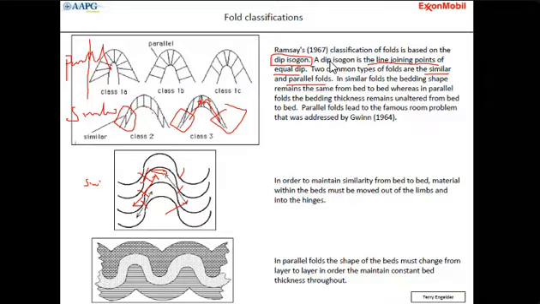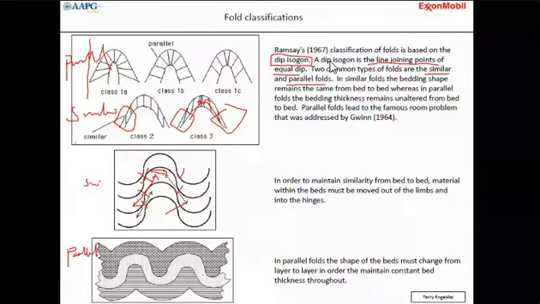Alternatively, we can talk about parallel folds. Parallel folds, you want to maintain the same thickness from bed to bed. And this is an example of a parallel fold. For a parallel fold, it means that you maintain the same thickness from bed to bed.